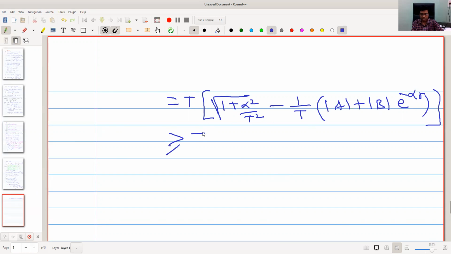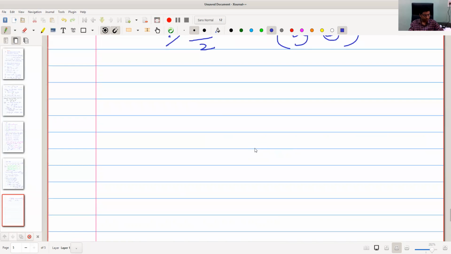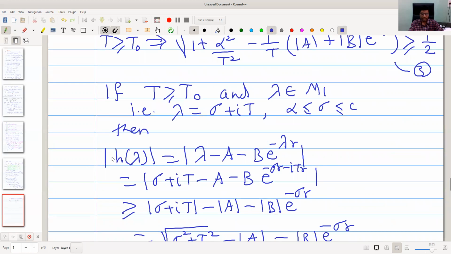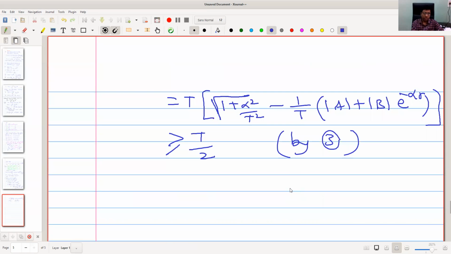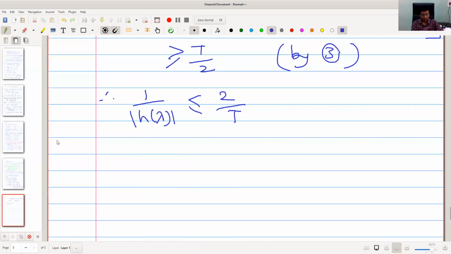So mod of h of lambda is greater equal t by 2. Therefore, what about 1 upon mod of h of lambda? It should be less equal 2 by t. This is an important observation, and therefore what is the absolute value of the integral over m1 of e raised to lambda t into 1 upon h of lambda?